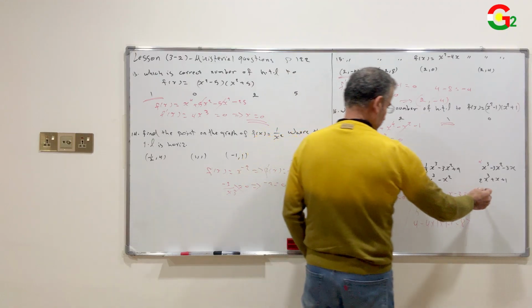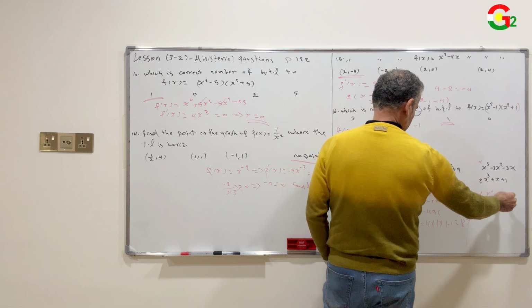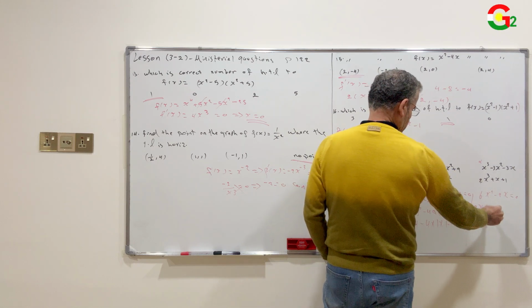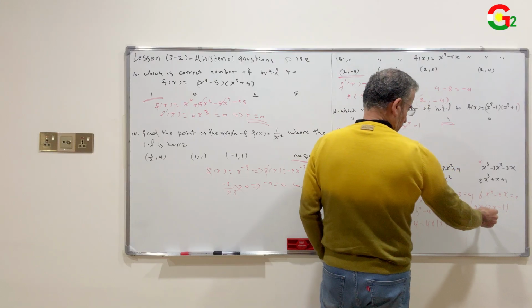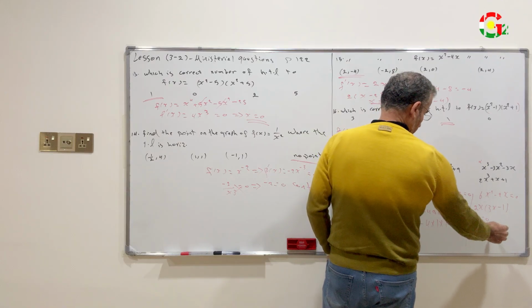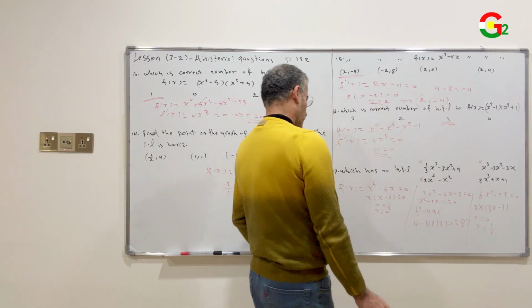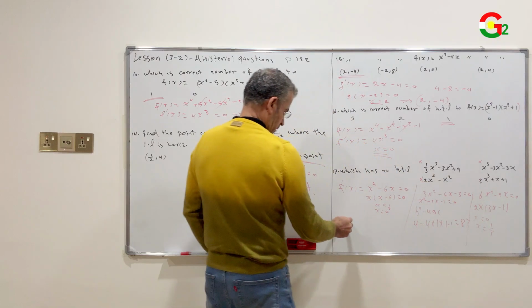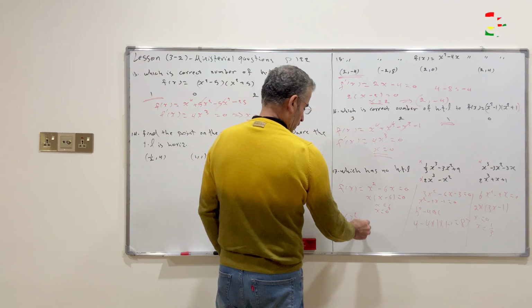For the third function, the derivative is 6x power 2 minus 2x. Set it to 0, factorize by 2x times (3x minus 1). x equals 0 and x equal to 1 over 3. Also, this function has two horizontal tangent lines. Let us check the last one. The derivative is 6x power 2 plus 1.